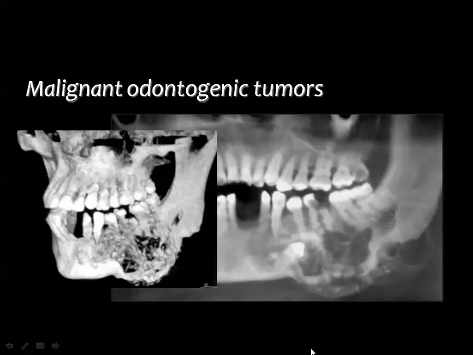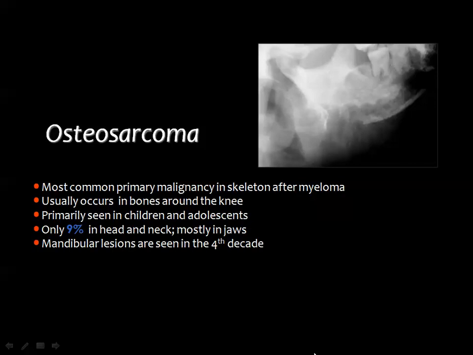An osteosarcoma can occur in the flat bones of the mandible and the calvarial bones as well. And this is one of the common primary malignant tumors in the skeleton after multiple myeloma, and one of the best diagnostic clues for osteosarcoma is the presence of this typical periosteal reaction, which is known as the sun ray spiculation.